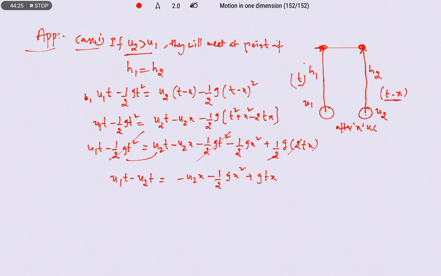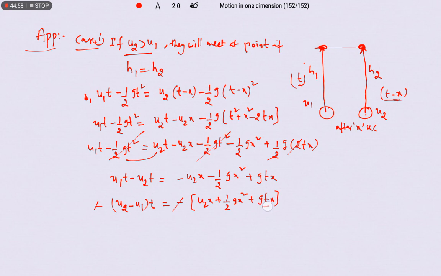Now let us take the common minus, so I am writing (u2 minus u1) into t, so minus of (u2 x plus half g x square) plus g t x, so this minus minus gets cancelled.